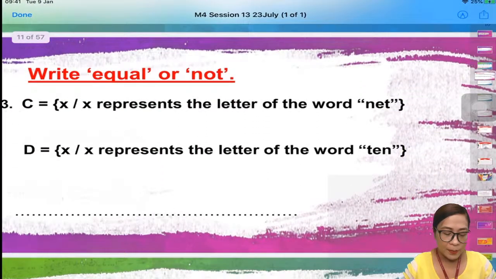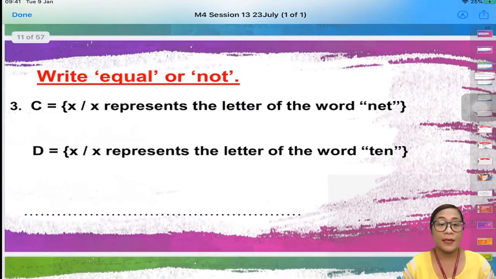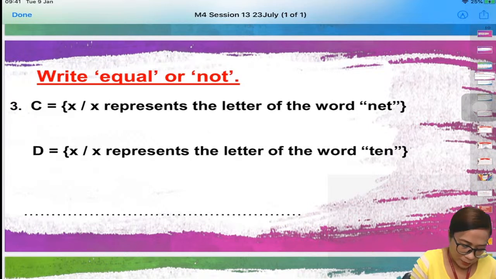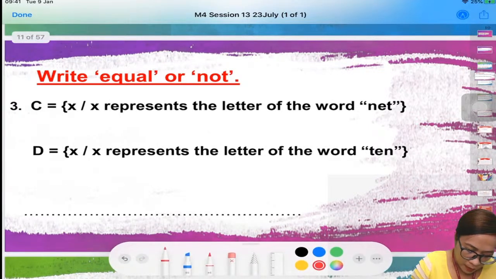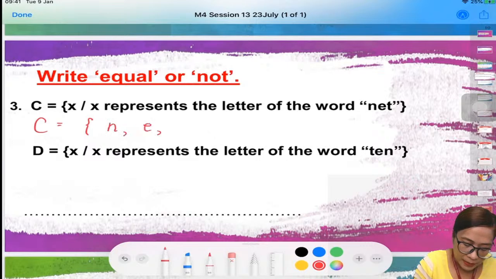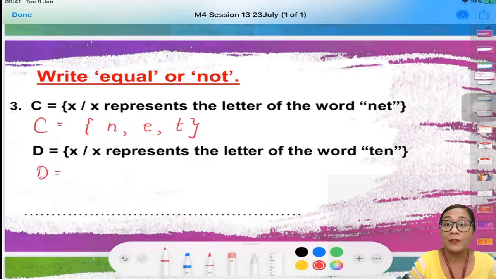Alright, number 3. C is the set of all x such that x represents a letter of the word "net." D is the set of all x such that x represents a letter of the word "ten." So what do we have here? If you write in roster form, C is equal to the set of N, E, T. And how about D in roster form?